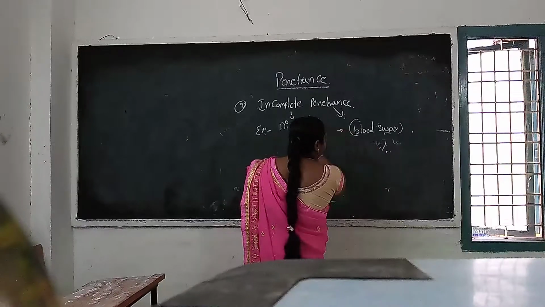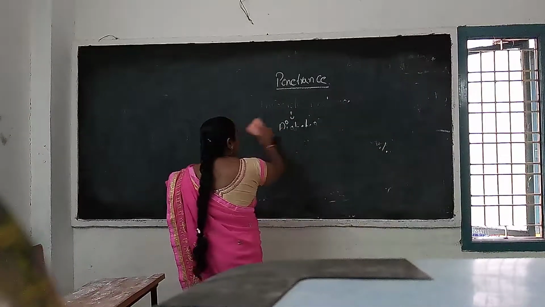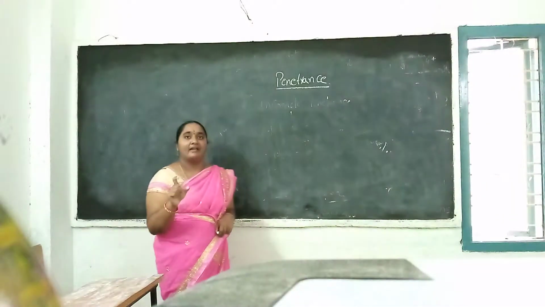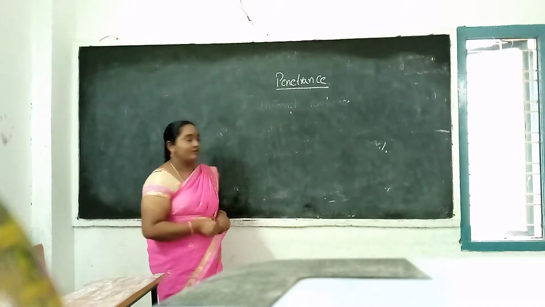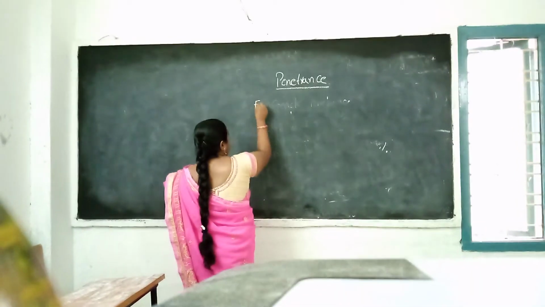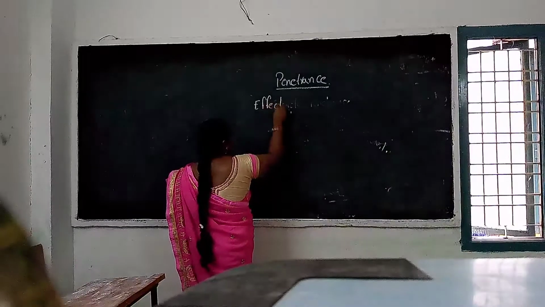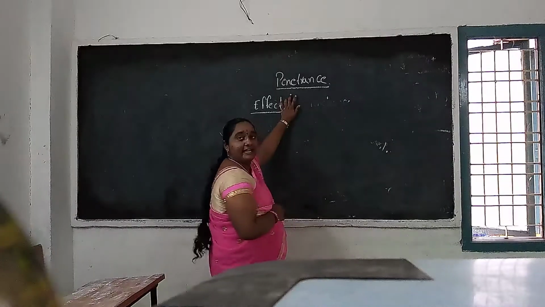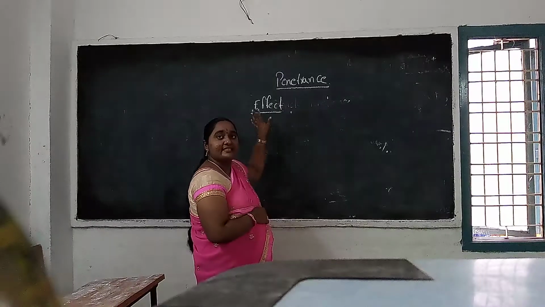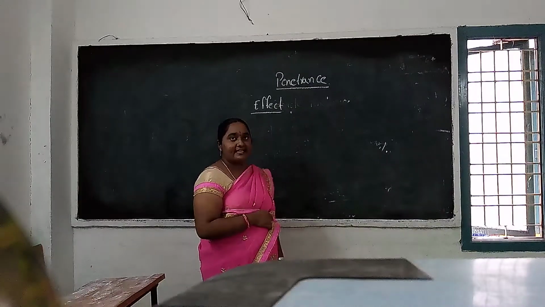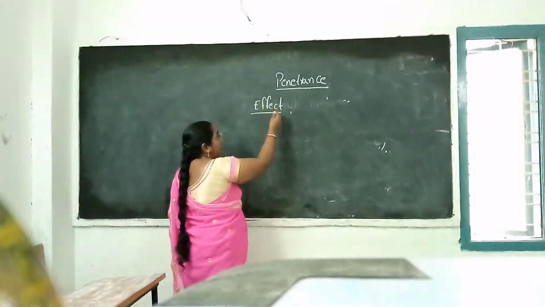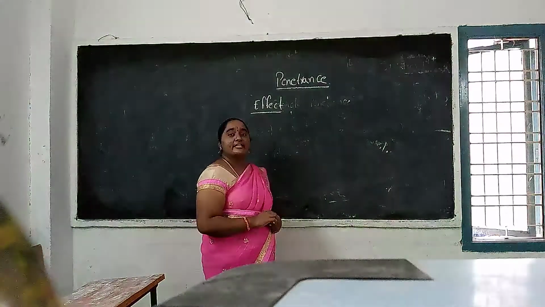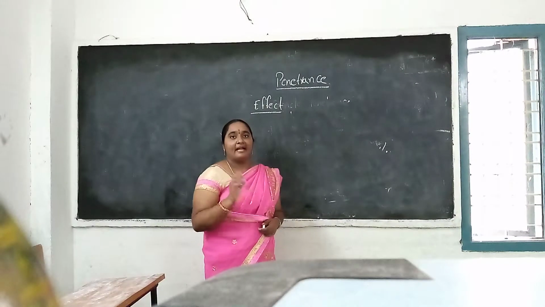The next topic is the effect of environmental factors on penetrance. What is the effect? It is a disadvantage. The effect of the environmental factor on penetrance is most important in the genetic background. What is genetic background?